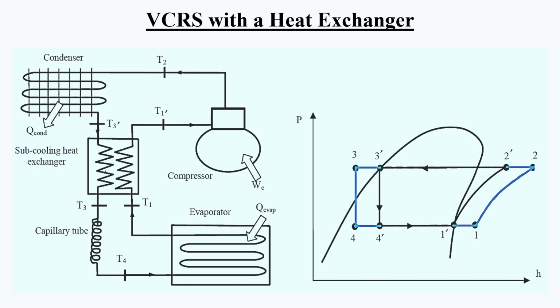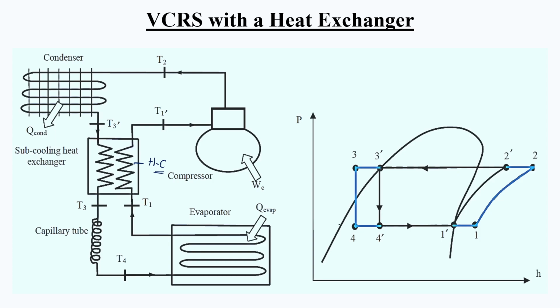Here we can see a heat exchanger placed between the condenser, compressor, capillary tube, evaporator, etc. One side of the heat exchanger receives the high pressure liquid from the condenser, that is at state 3 dash as specified in our graph, the saturated liquid which passes through this left side tube, while the other side receives the low pressure, low temperature saturated vapor refrigerant, at 1 dash.